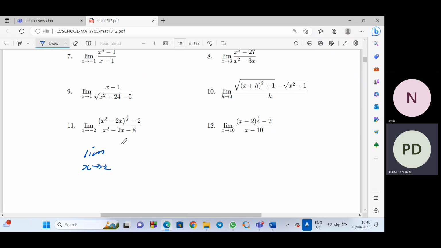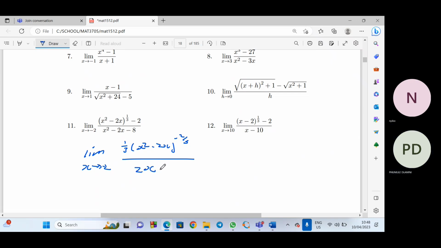So when you differentiate this one, you know that is going to be 1 over 3 in brackets x squared minus 2x. And then 1 over 3 is going to give us -2 over 3. Divide by, you would differentiate the denominator, going to be 2x minus 2.